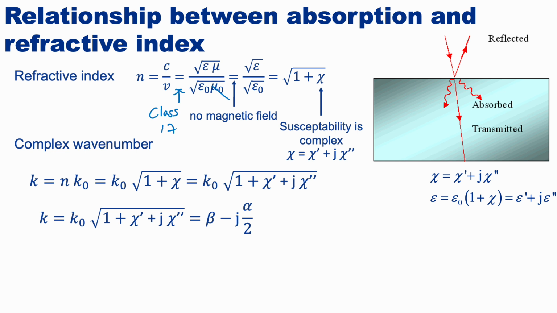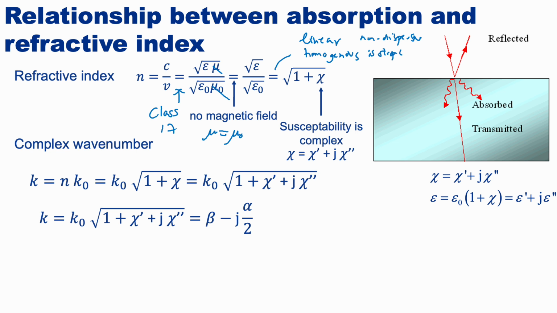And in general, if the medium is not magnetic, meaning that the magnetic permeability is the same in the medium or in the vacuum, the refractive index is just the ratio between the electric permittivity in the medium versus the vacuum, and that could be expressed as the square root of 1 plus the susceptibility, if the medium were linear, homogeneous, non-dispersive, and isotropic, right? So we can write all of that.